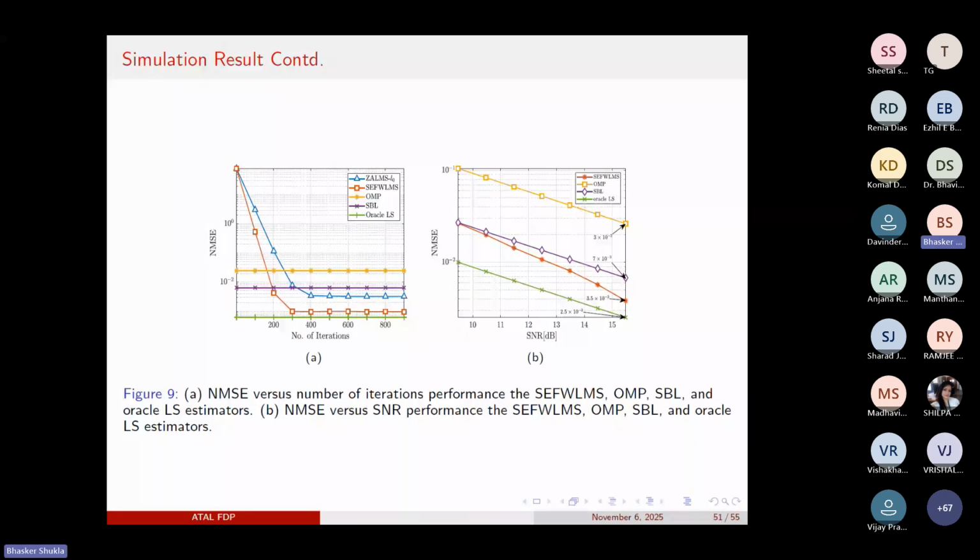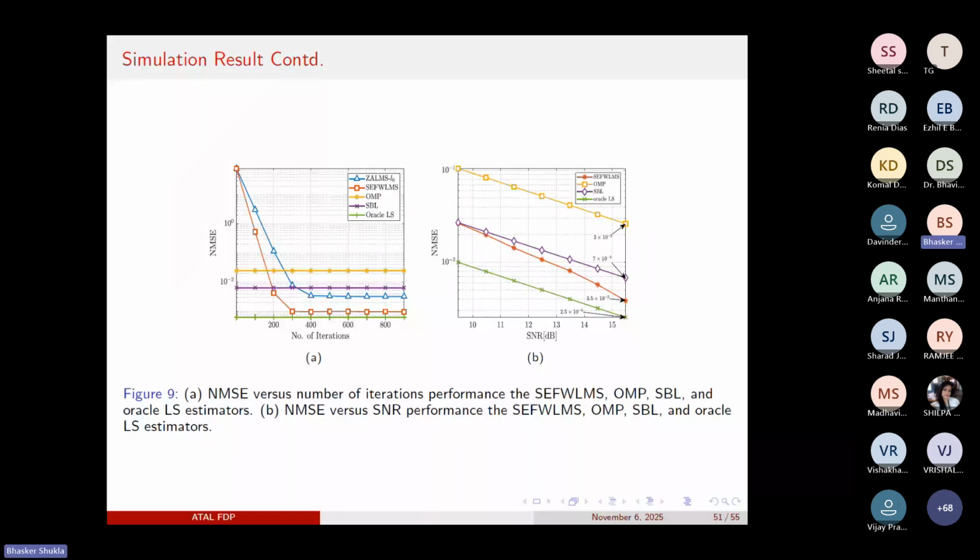So here again we can say that the SEFW LMS based algorithm, this one, performs better compared to the other existing algorithms. And here is the NMSE versus SNR plot.